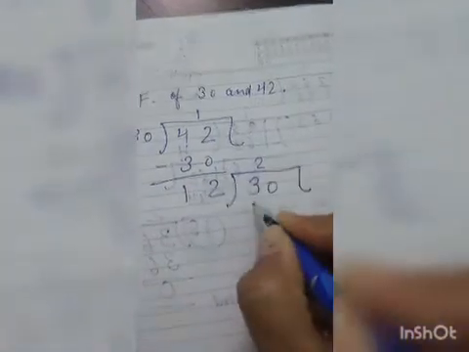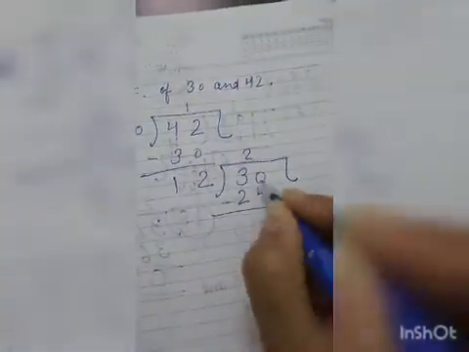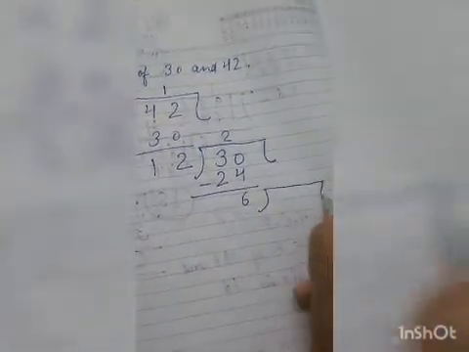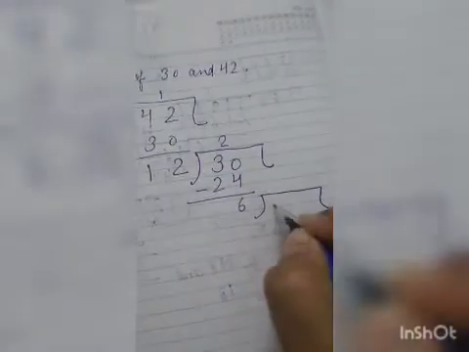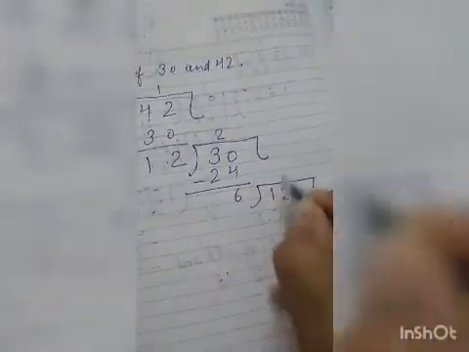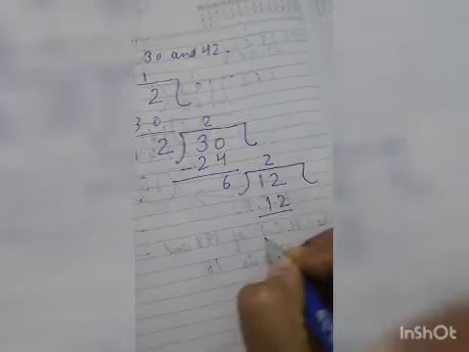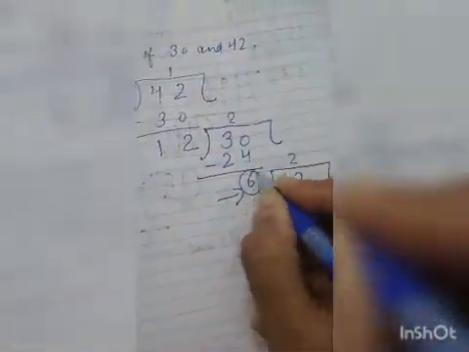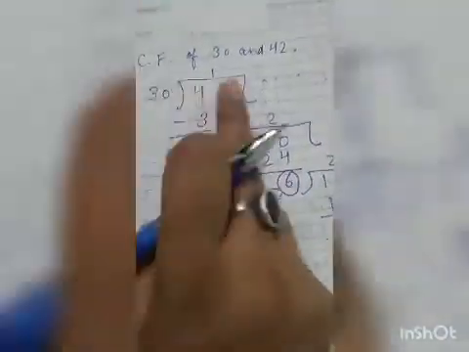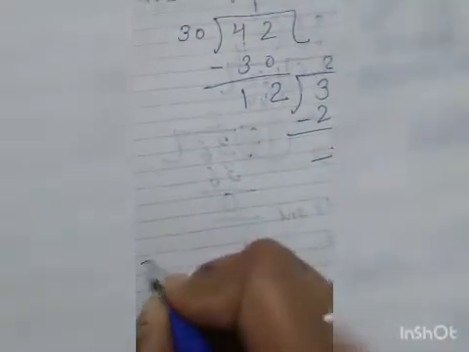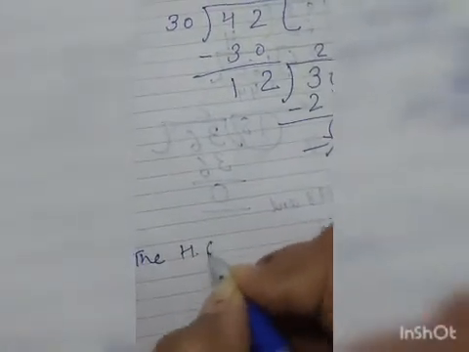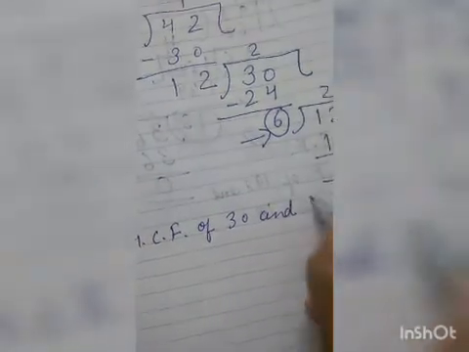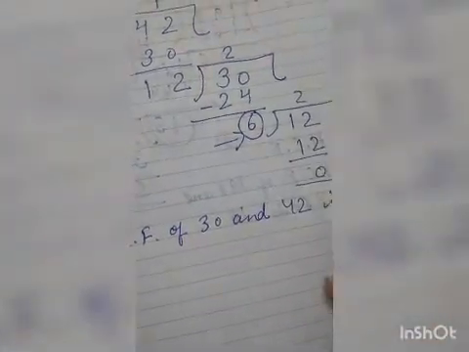So 12 twos are 24 this time. 10 minus 4 is 6, 2 minus 2 is 0. Now again the last remainder we will keep as dividend. So 6 twos are 12. Here we get the remainder 0. So the last divisor is the highest common factor of 30 and 42. So the highest common factor of 30 and 42 is 6.